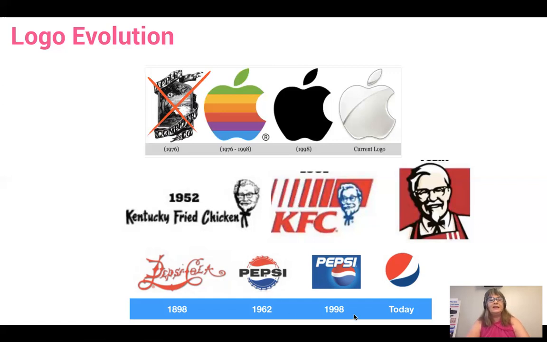And then in 1998, they've got the Pepsi logo, and then they kind of box it, right? And then, of course, today, this is all it is. And so now you can see, again, like KFC, they have managed to migrate themselves right to just a symbol, and we know what that is.